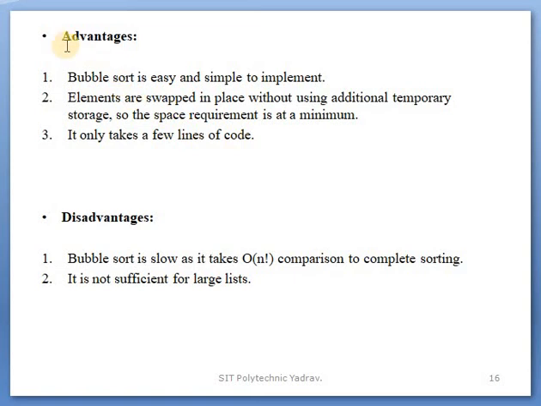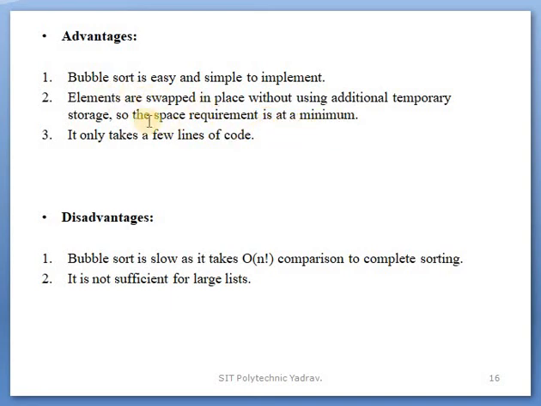Okay, next point, advantages. Bubble sort is easy and simple to implement. Elements are swapped in place without using additional temporary storage, so the space requirement is at a minimum.